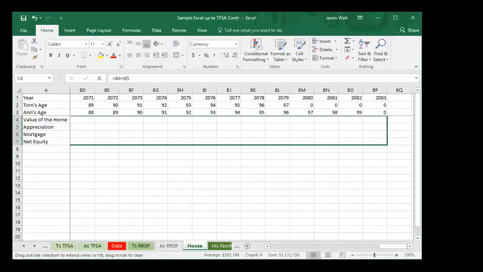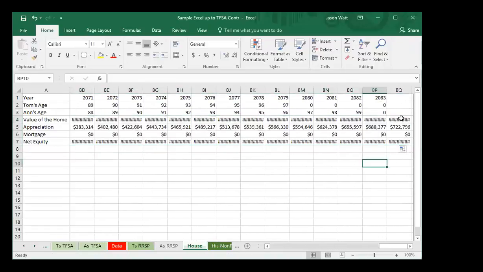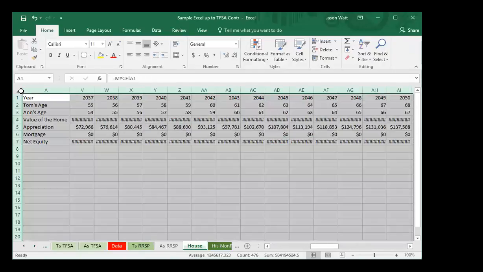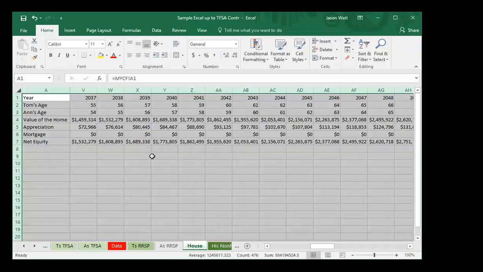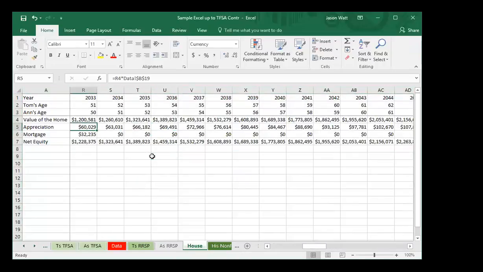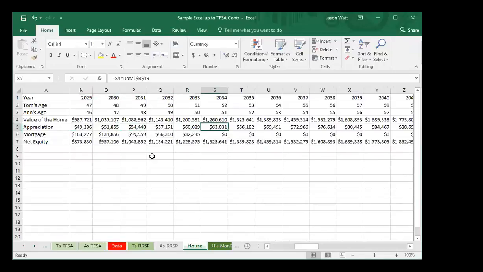And we should get to a point where the mortgage is paid off, or where the house just continues to appreciate. So yeah, we got the mortgage paid off here, no more mortgage, and now they have the entire net equity in the home as their own asset.